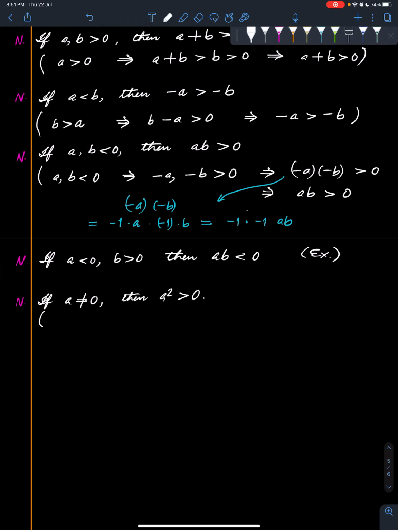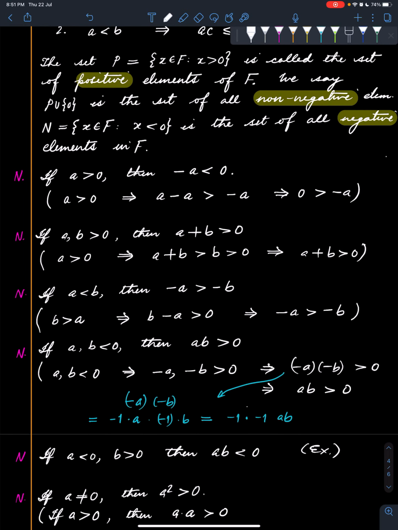So why is that? If a is non-zero, then there are two possibilities. Either a is greater than 0 or a is less than 0, it cannot be anything else. So if a is greater than 0, then a times a is greater than 0.